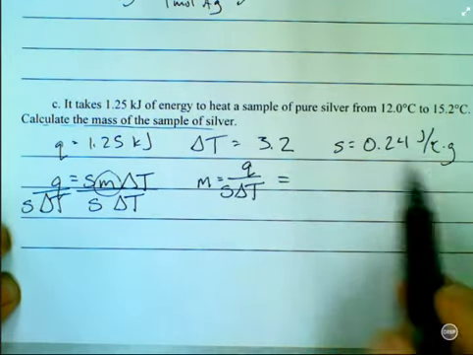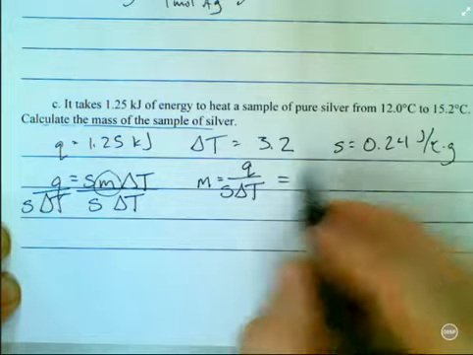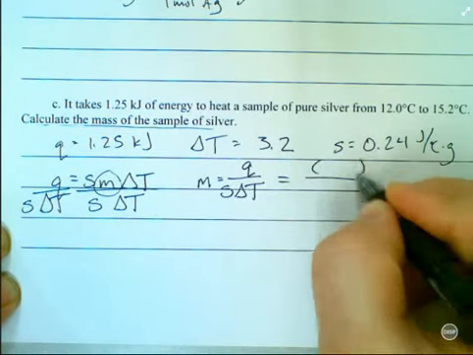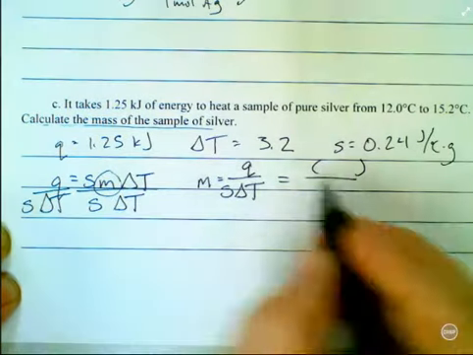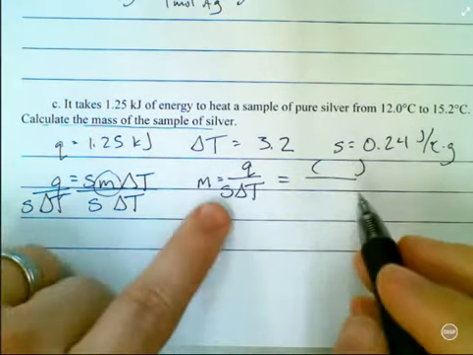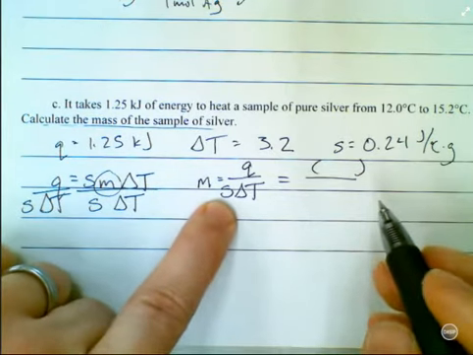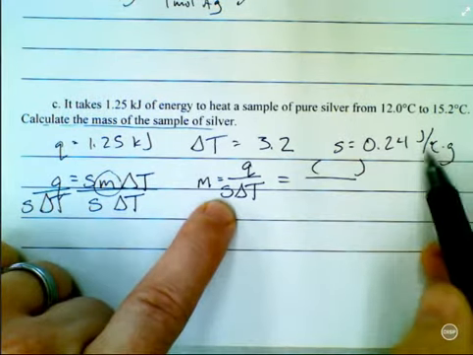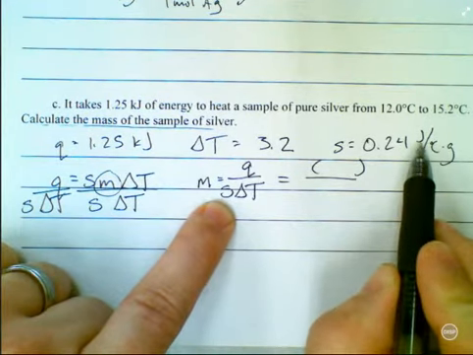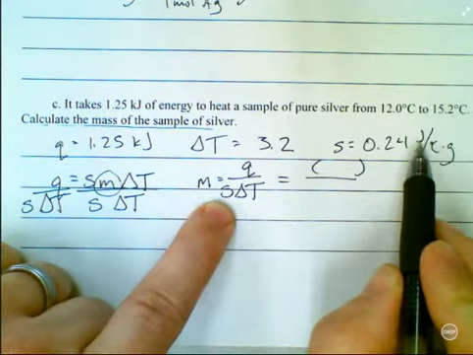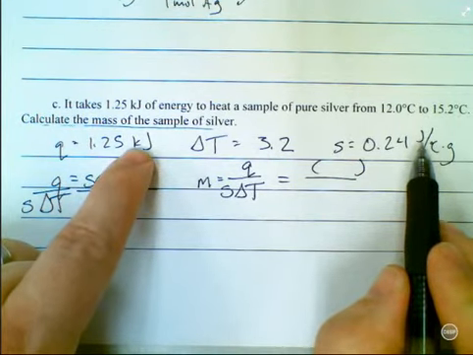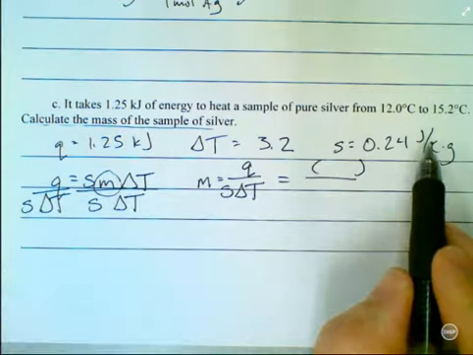Oh, I don't want to make this mistake. I was just about to write in 1.25 kilojoules for Q. But realize when I go to enter S, the specific heat capacity for silver, I'm going to be pumping in this value, which has a unit of joules. Those bad boys do not play well together. So I'm going to change this kilojoules into joules so they'll play nice together.